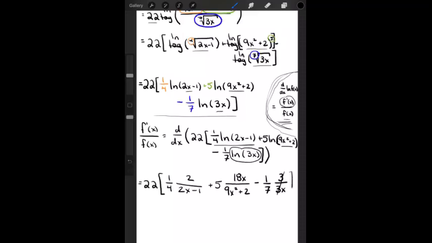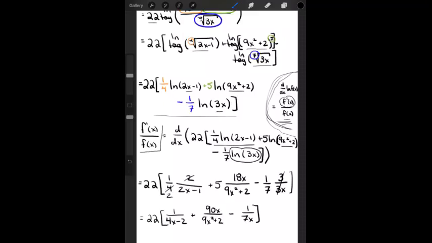Alright, so we've got some things that can cancel out, that 3 and that 3x, this 4 and the 2, so we get as our final answer for the derivative of the log of the function we care about.